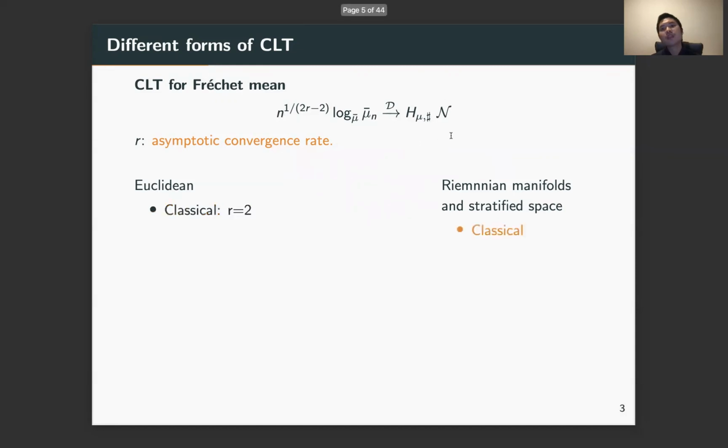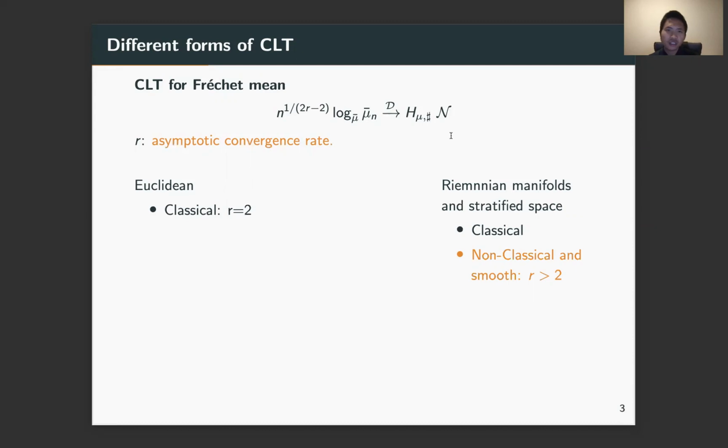When M is a Riemannian manifold or stratified space, of course we do have the classical case, but we also have non-classical cases where r is greater than 2. That means we have to multiply not by square root of n, but for example by n to the power 1/4, because the vector is now very big.